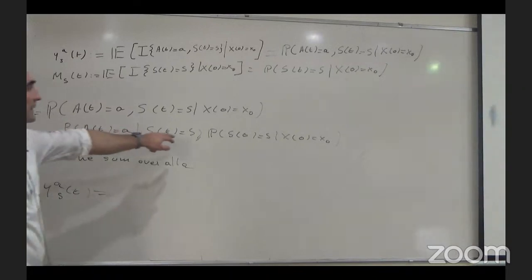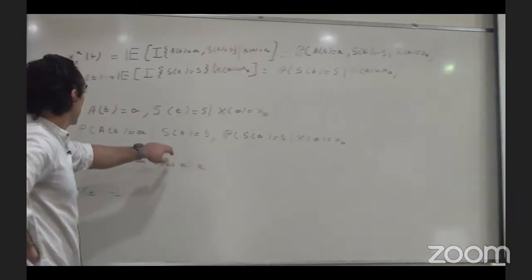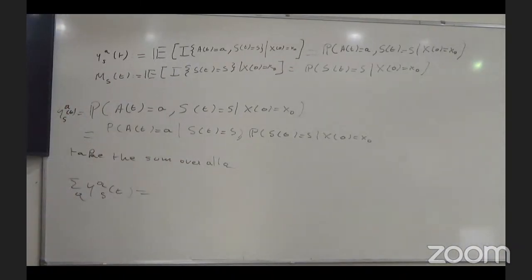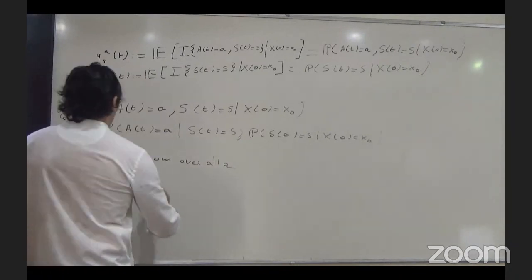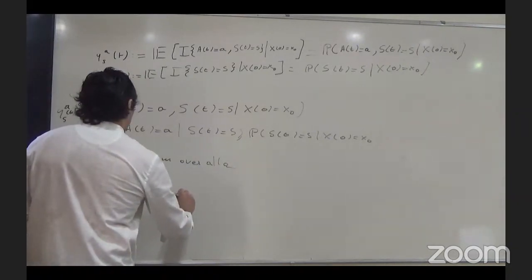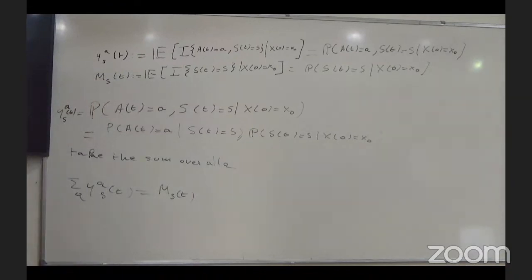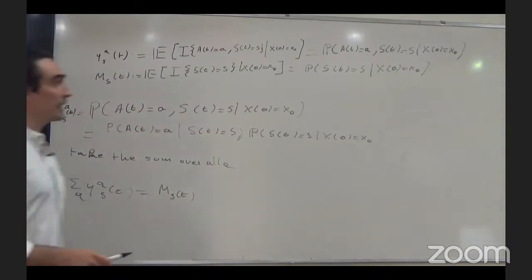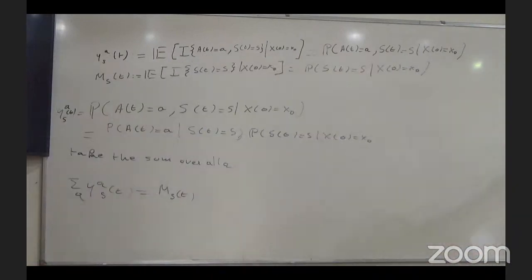So I can factorize by this probability, and the summation is equal to 1, right? So basically, it's just equal to MS of T, right? So we get these first constraints.